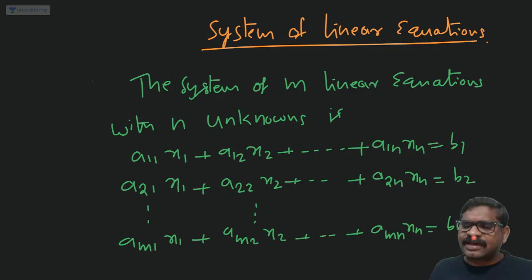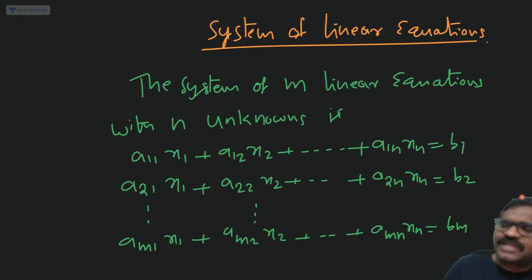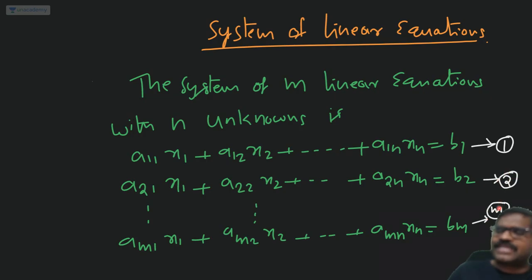Okay, these are m linear equations with n unknowns. Here, first equation, second equation, this is the mth equation. Okay, m equations with n variables.